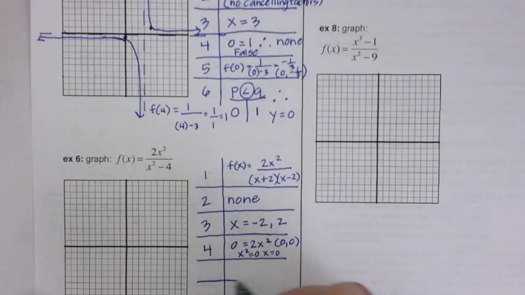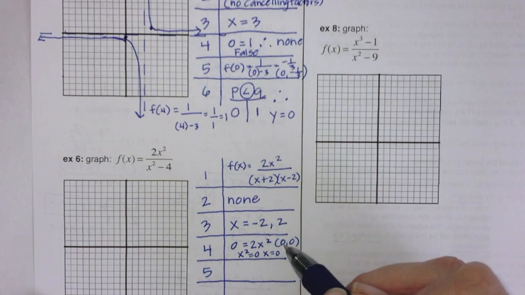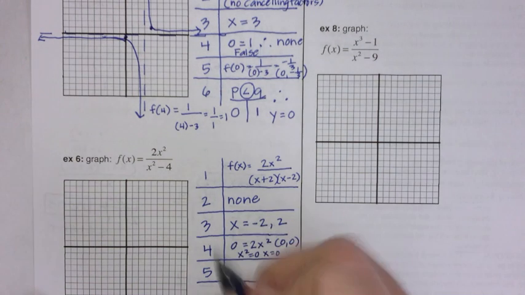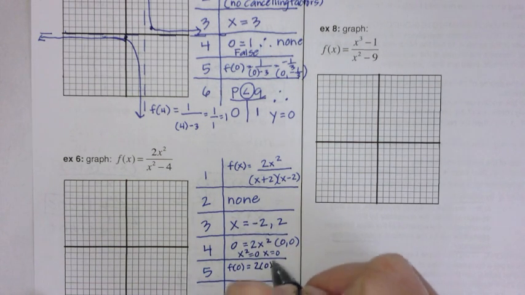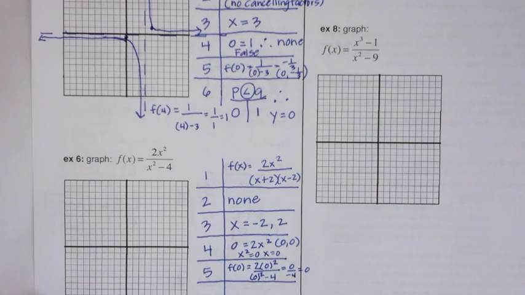I'm going to show you how to find the y-intercept, but I already know the y-intercept is also 0, 0 because the x-intercept is 0, 0. So that's going through the origin, but just for thoroughness' sake, I get 0 over negative 4, which is 0. So it would be 0, 0 also.